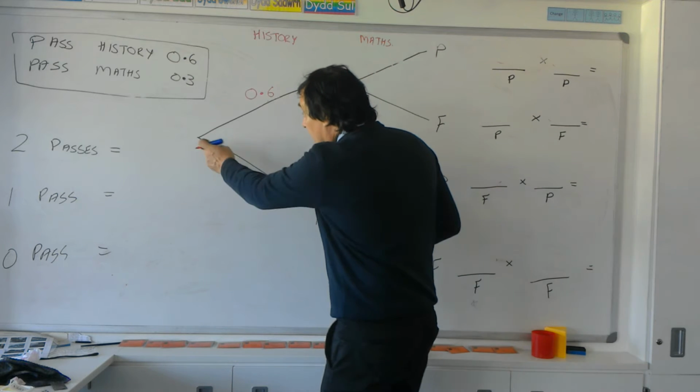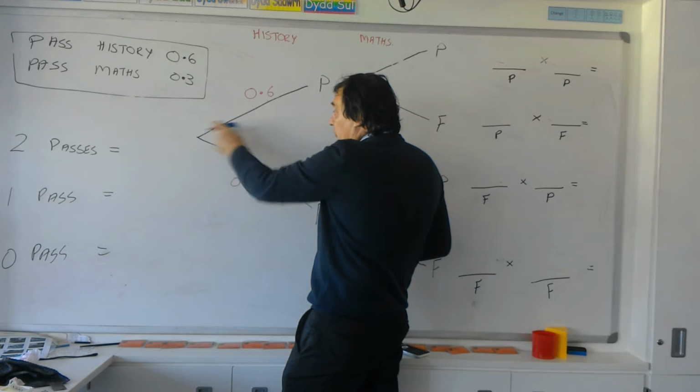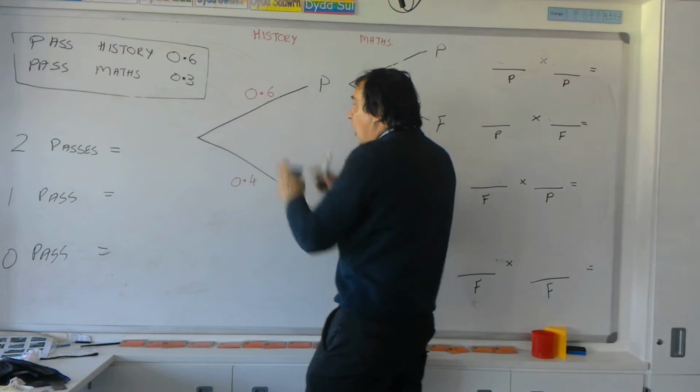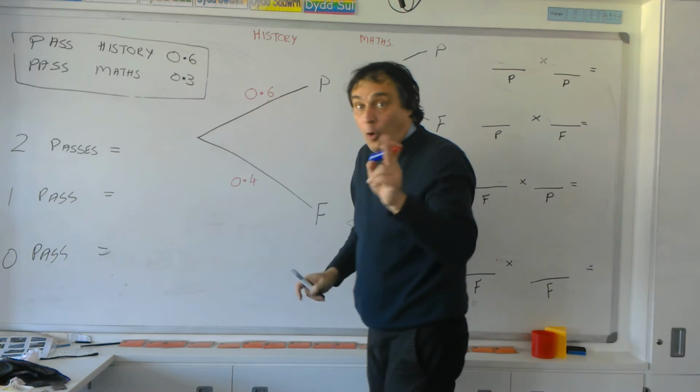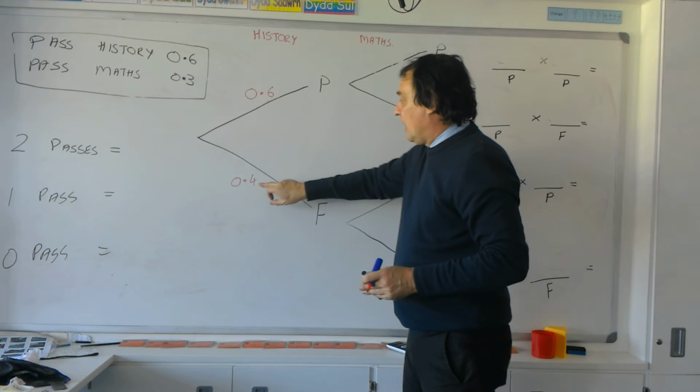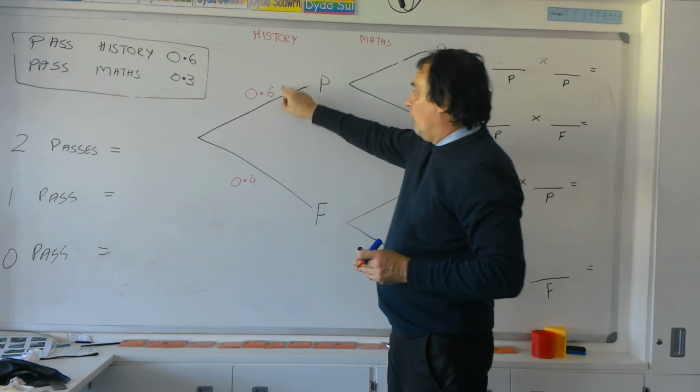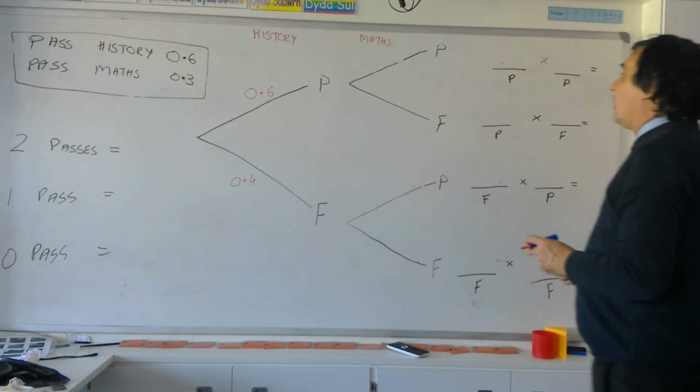And remember, if you start on a branch here, the total of these two numbers from this branch must always add up to 1. So that's why it's 0.4. 0.6 and 0.4 give you the whole one.